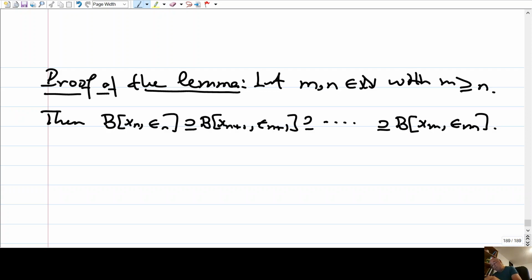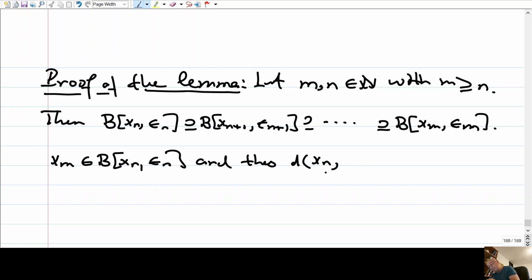In particular, x_m is in this ball, and thus the distance between x_n and x_m is less than the radius, which is epsilon_n.